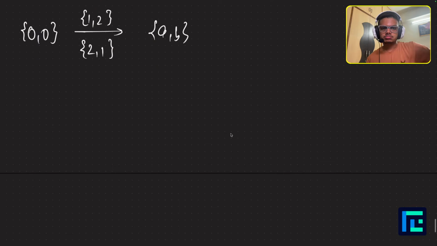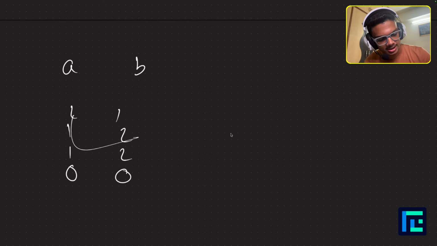For now, let's assume we can do it. In the sense, if we can do it, what it says is, you start from 0, 0 and you can reach A, B. So you can reach the number of coins in the first pile to be A and the number of coins in the second pile to be B. What you are going to do is apply, let's say, 1 2 here, 1 2 here, 2 1 here, anything.